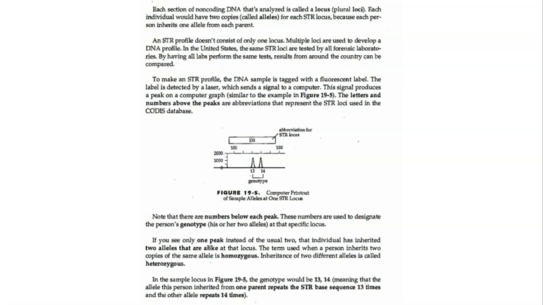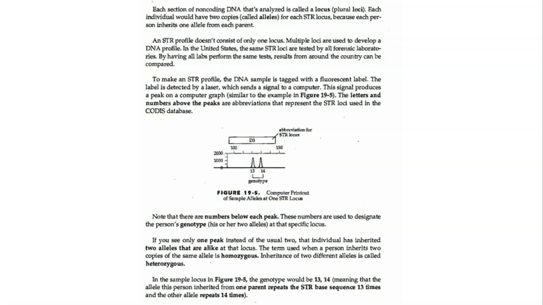In this example, the D3 STR locus for this individual has a short tandem repeat that is repeated 13 times in one of their genes and 14 times in the other, which is why the graph is showing peaks at 13 and 14. So the individual in this example is heterozygous for the STRs at the D3 locus.